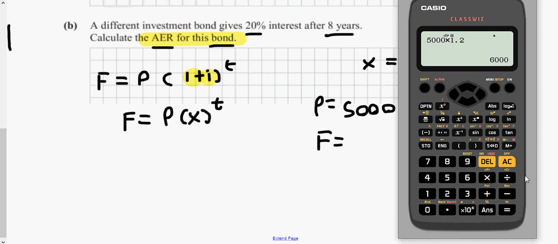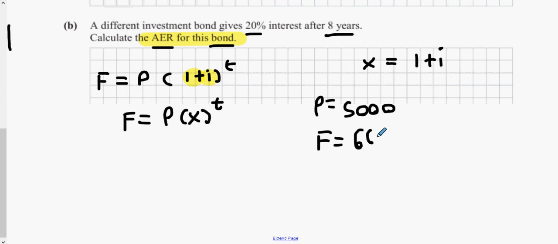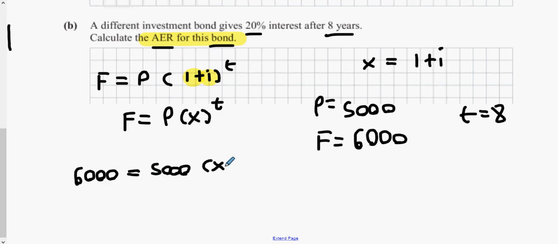Extra 1,000, which is 6,000 total. Okay. What's your T value? 8. And finally, fill out this formula now. F is 6,000, P is 5,000, X is unknown, and T is 8. Now, lads, your job is to get the X on its own.